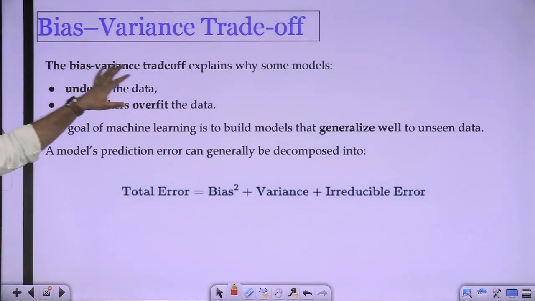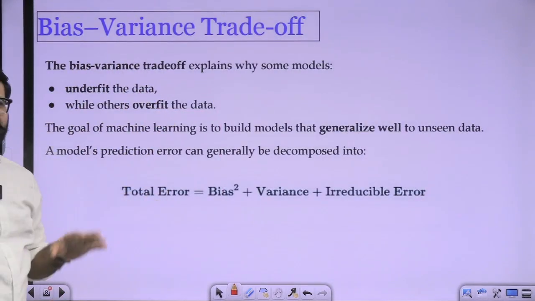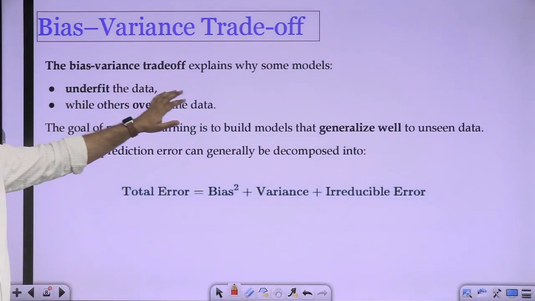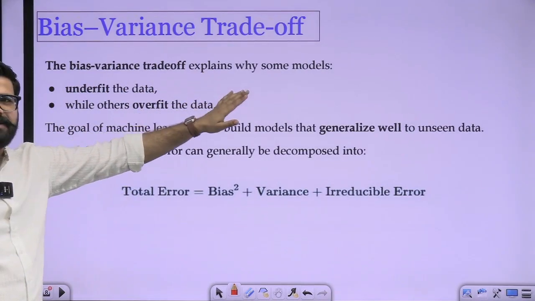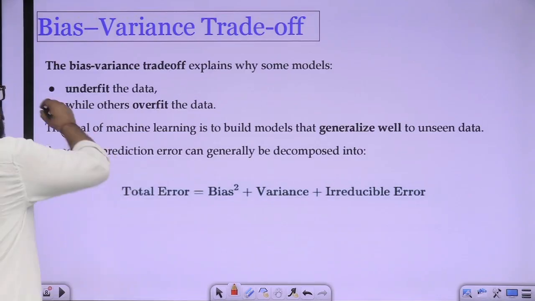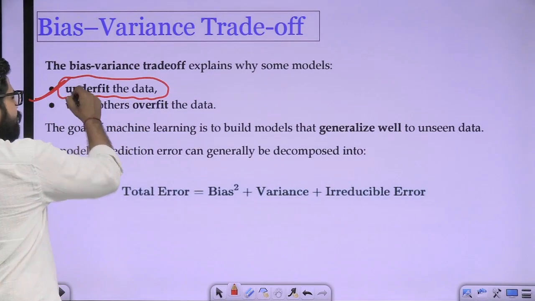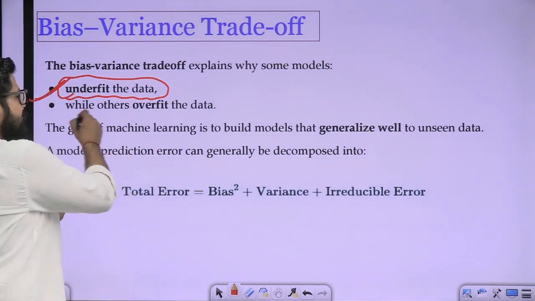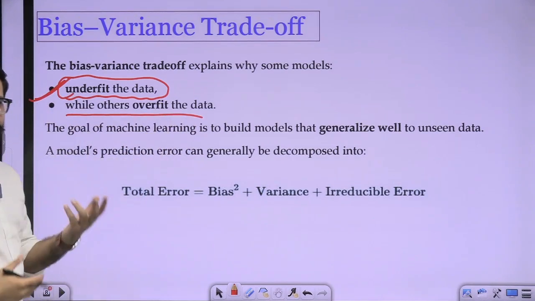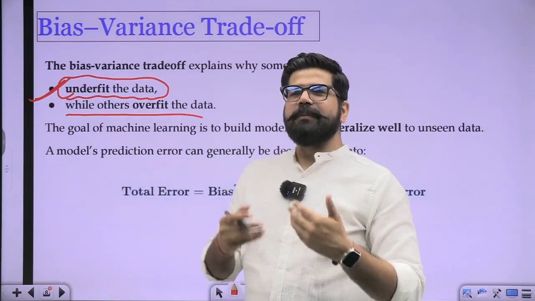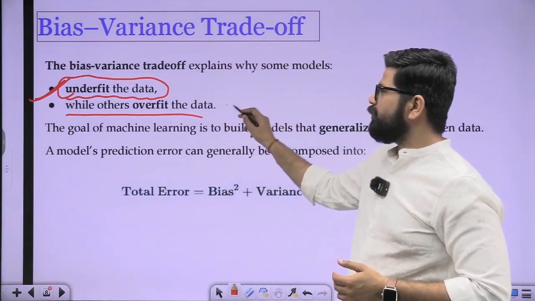Now, the bias-variance trade-off: what exactly is it and what is the mathematical intuition behind it? The bias-variance trade-off explains why some models underfit the data while others overfit the data. Sometimes your model can underfit your data and sometimes it will overfit that data.